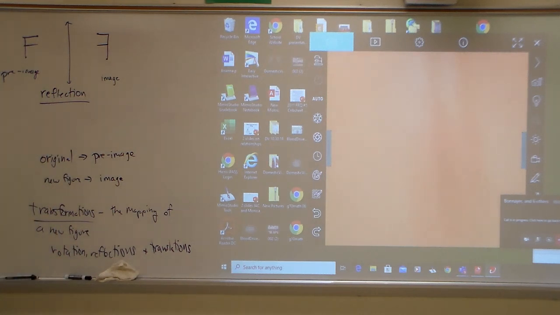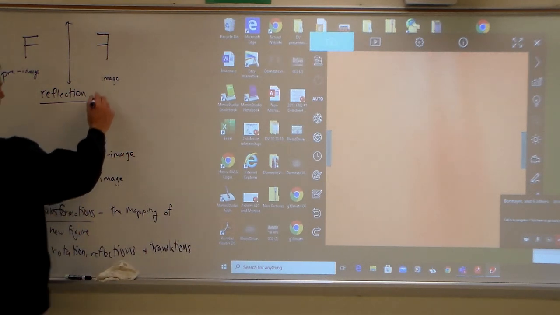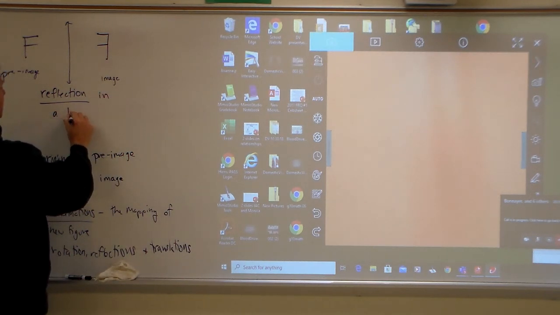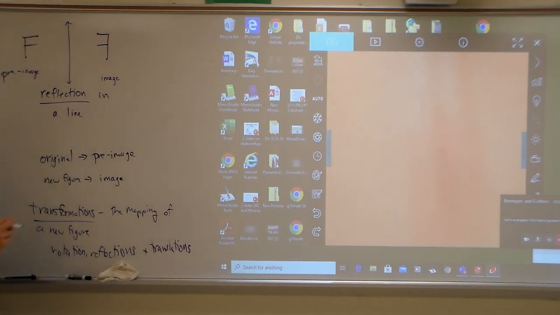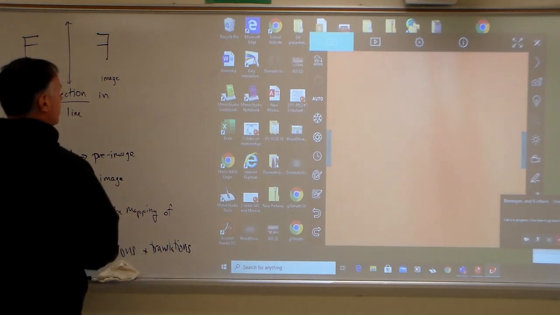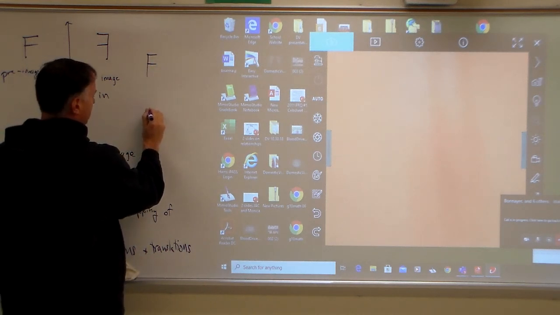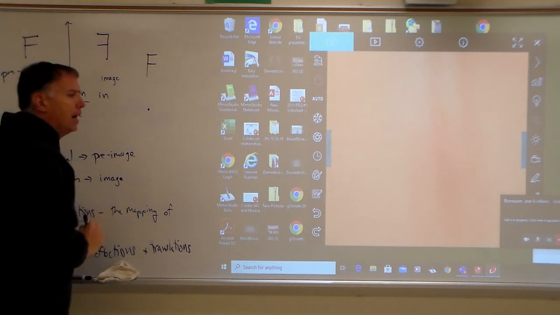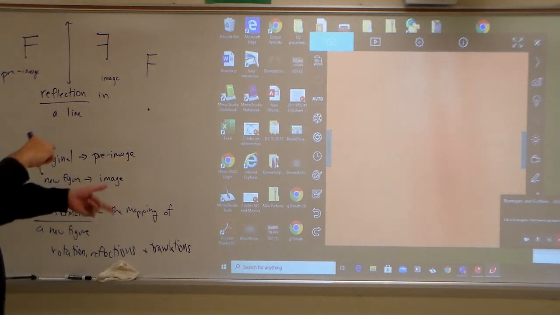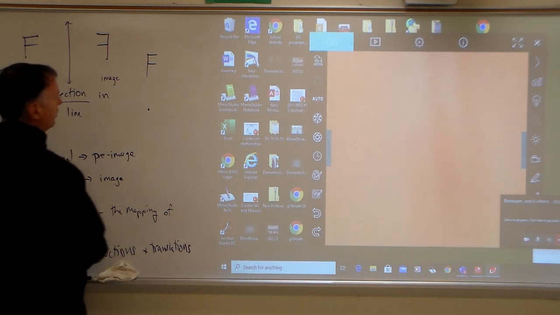And then sometimes they'll say reflection in a line. They like that terminology. So that's what we use. And then we'll talk about a rotation about a point. Let's say I had that same F, and let's say this is a point, and I want to do a rotation clockwise about that point.